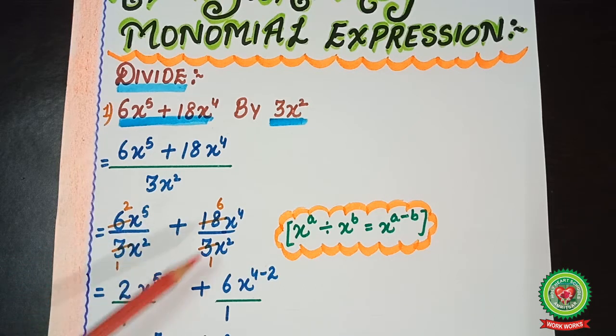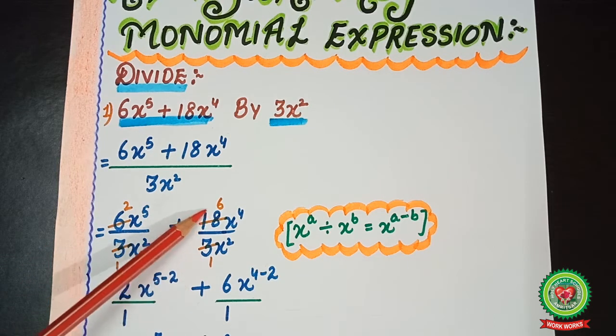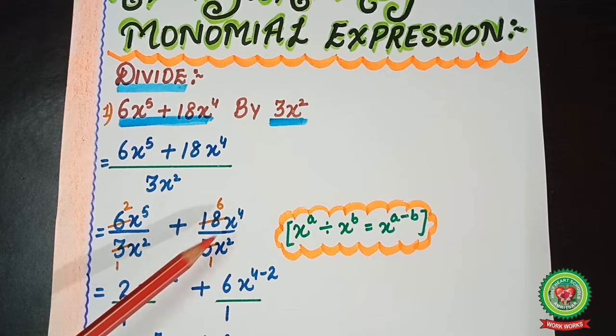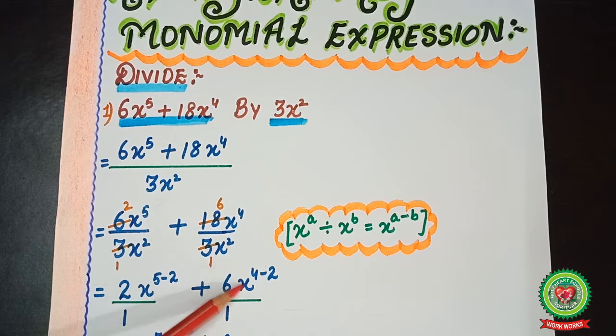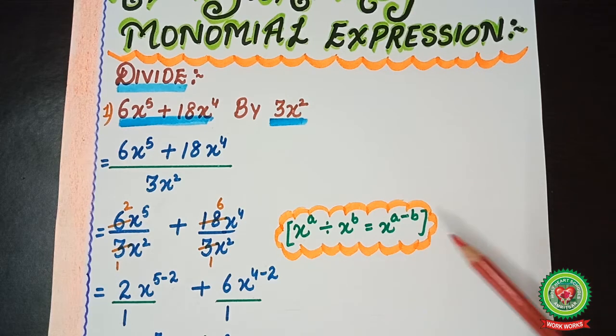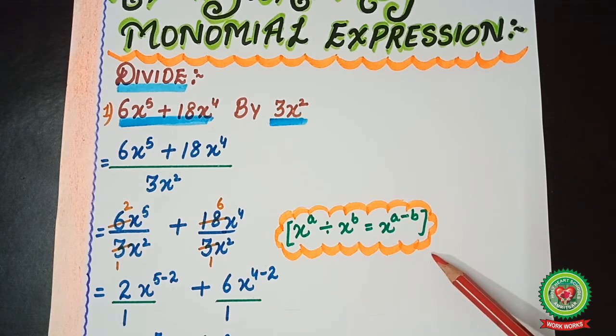Next is plus, 3 ones are 3, 3 sixes are 18, and x raised to power 4 upon x raised to power 2. So you will write here 6 upon 1 and x raised to power 4 minus 2. Whichever law we are using here, you have to write it on the right hand side, right? So here you got 2 upon 1 x raised to power 5 minus 2 plus 6 upon 1 x raised to power 4 minus 2.